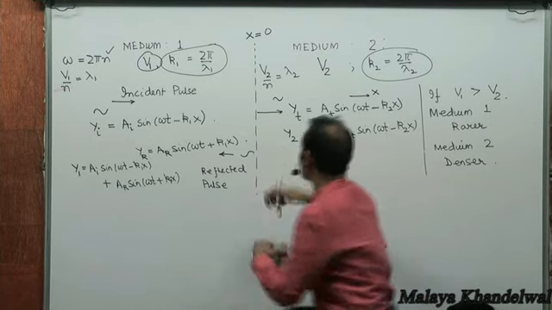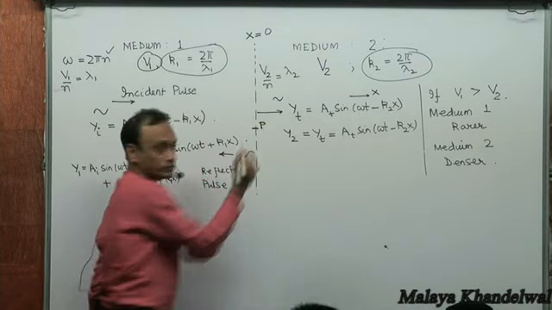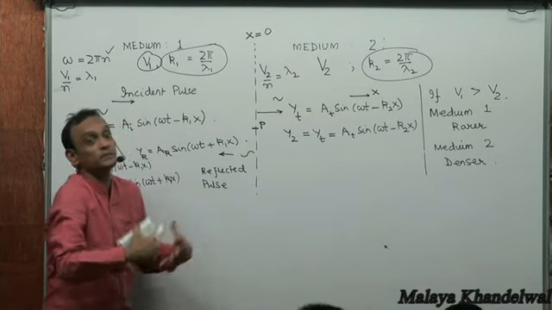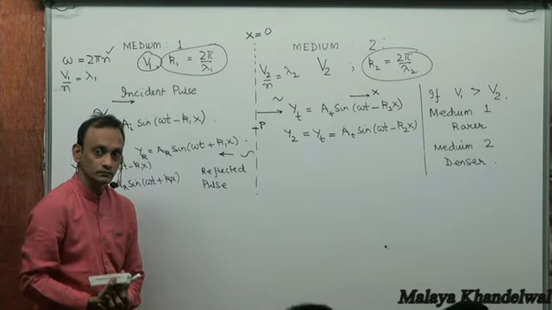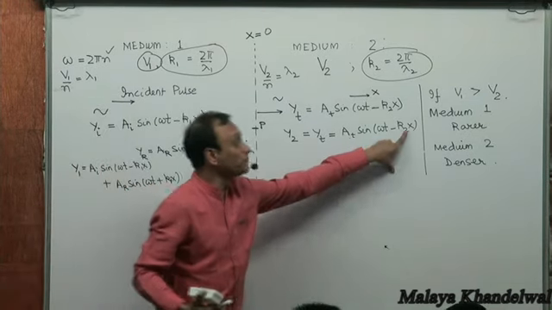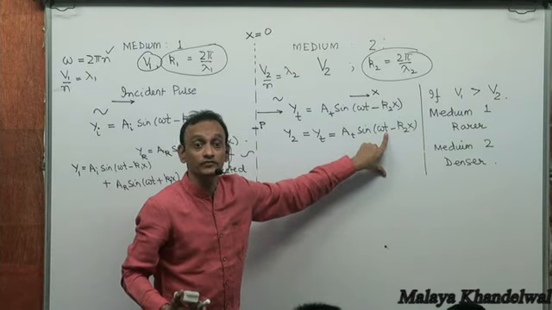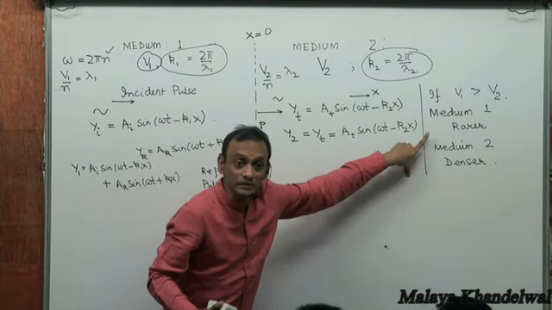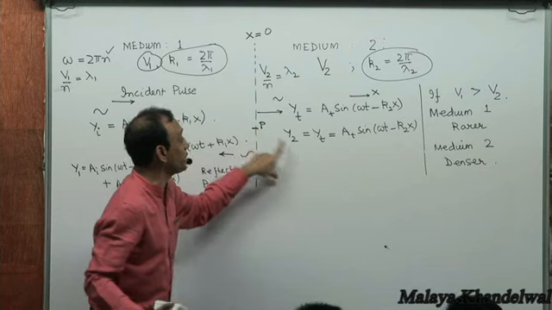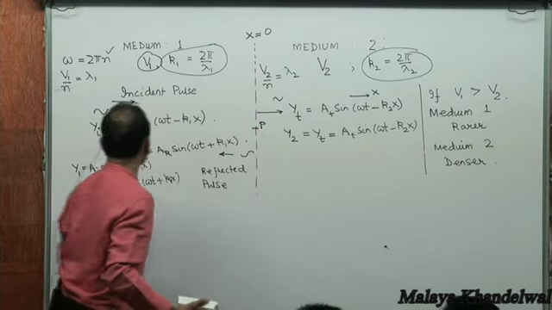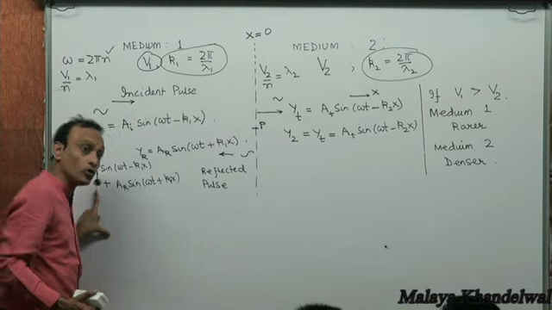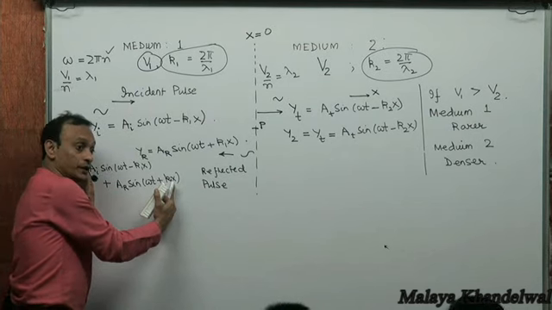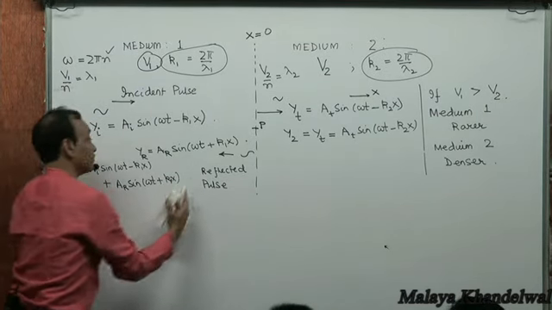If I take a certain point P on x equal to 0, and I want to know at an instant of time t what would be the displacement of P, then I plug in x equal to 0 and the value of time here to obtain what is happening at P. Because this point belongs to this medium, this point also belongs to this regime. I could have also obtained what's happening at P by plugging in x equal to 0 here.